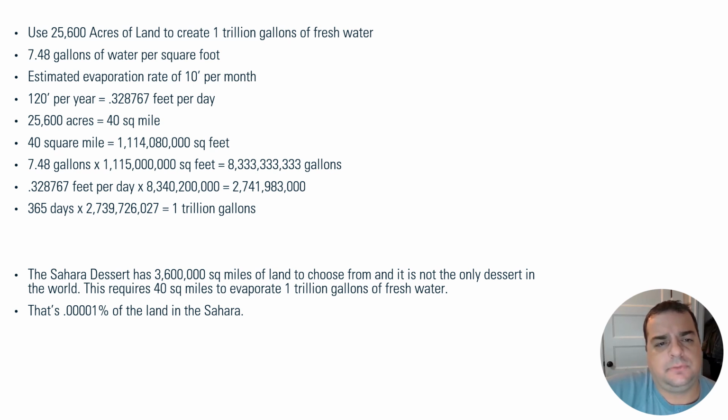So here's the formula that I used to create 1 trillion gallons. You start with 7.48 gallons per square foot, and this is just an estimate of about 10 feet per month. It's a guess. It'd be impossible, I think, to be 100% accurate. You have to know every temperature of every day.